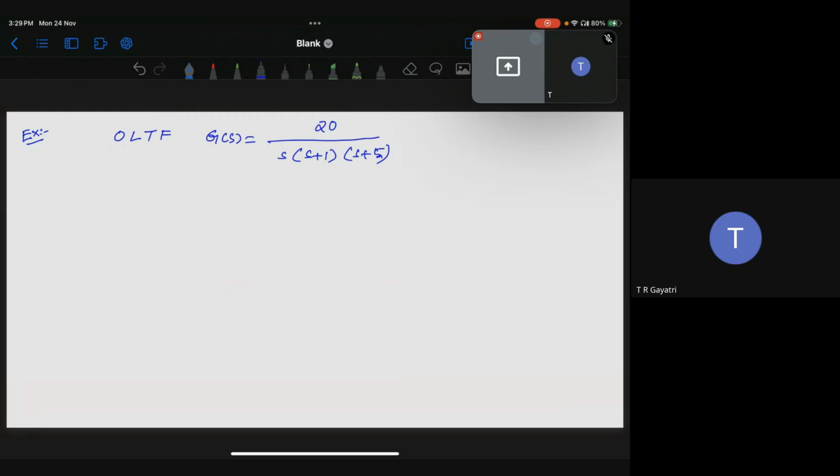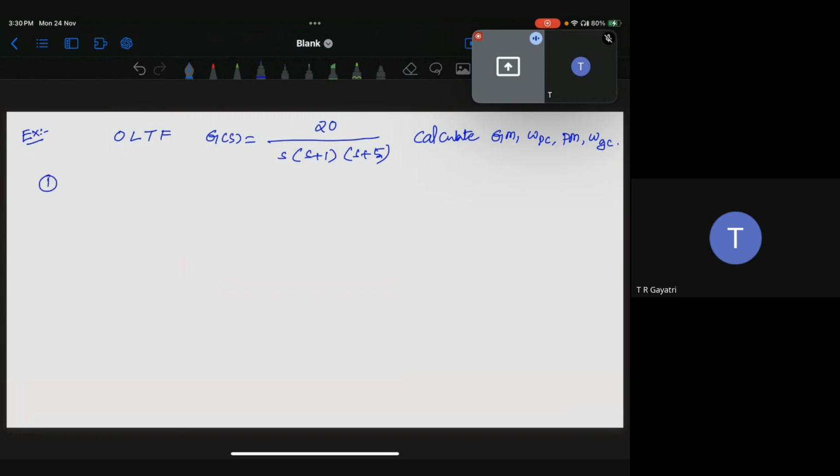Here the question is to calculate gain margin, phase crossover frequency, phase margin, and gain crossover frequency using the Bode plot. I'll write these steps directly, so let us solve this one quickly.